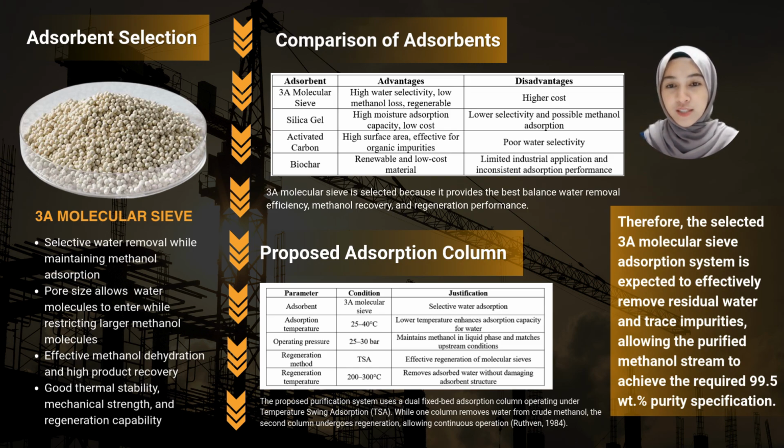This alternating operation allows continuous production without stopping the process. Overall, the selected adsorption system provides an effective balance between purification efficiency, methanol recovery, and operational reliability, enabling the final methanol product to achieve the required 99.5 weight% purity.